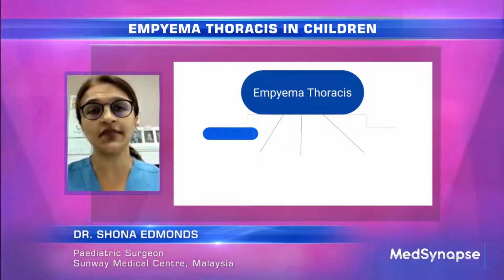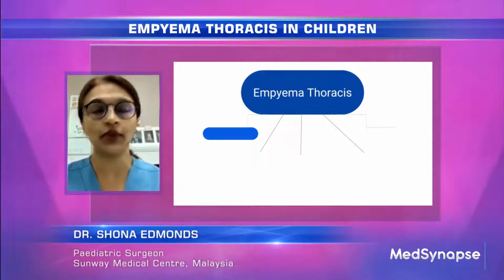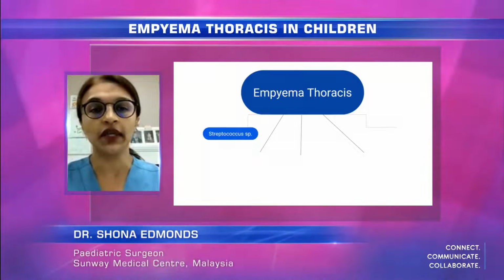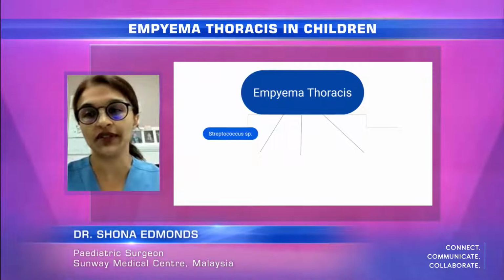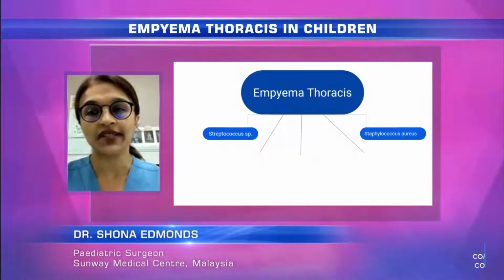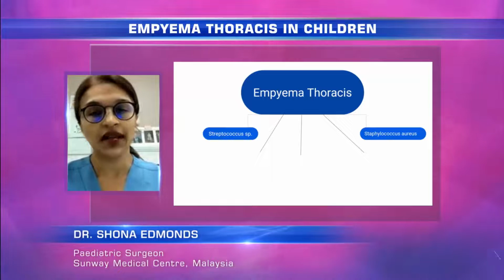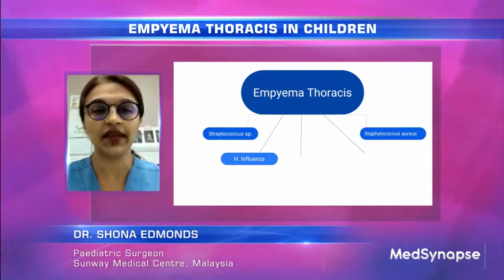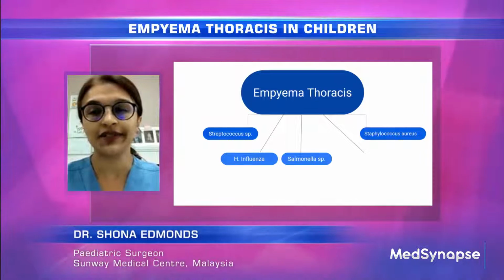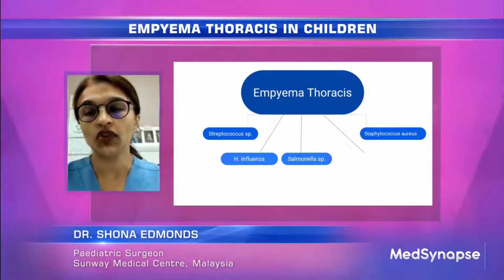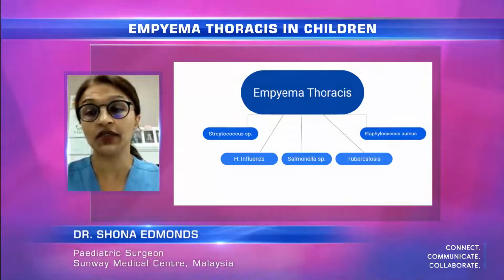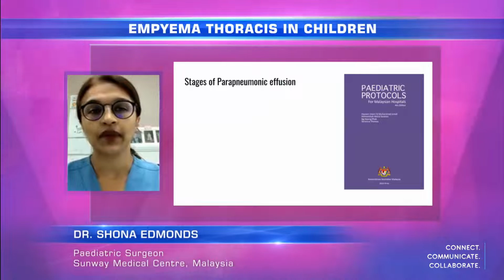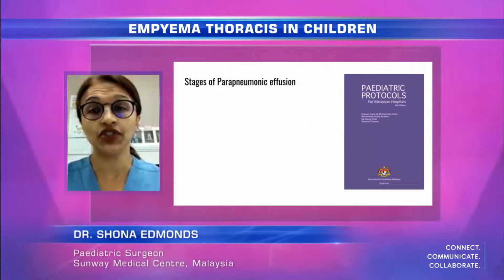The common organisms from community-acquired pneumonias would be the Streptococcus species, Streptococcus pyogenes or Streptococcus aeruginosa, followed by Staphylococcus aureus. Less commonly, we have Haemophilus influenzae, Salmonella species, and in a non-resolving empyema, it'll be very important for us to keep in mind tuberculosis.